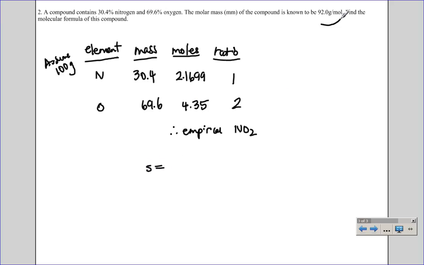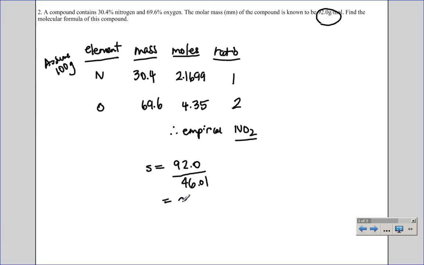To find the molecular formula, I need to find my multiplier. So I look back to the question and I find the molar mass of my molecular formula, which is 92.0. And I'm going to divide that by the molar mass of NO2. So I need to find this by taking the molar mass of the nitrogen and the molar mass of the oxygen and adding them together. And I find that I get 46.01.